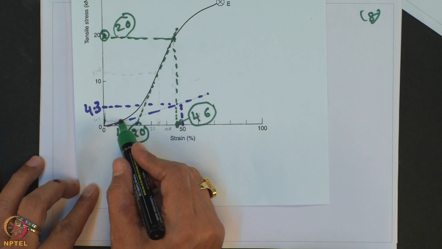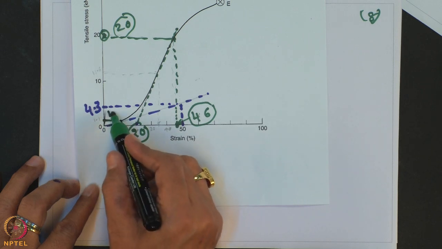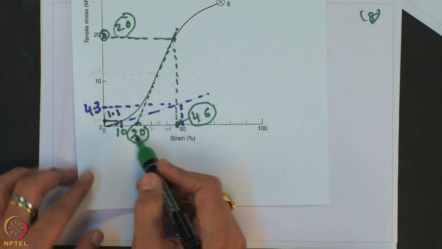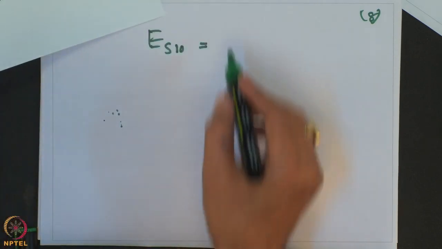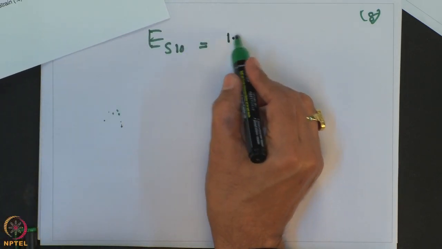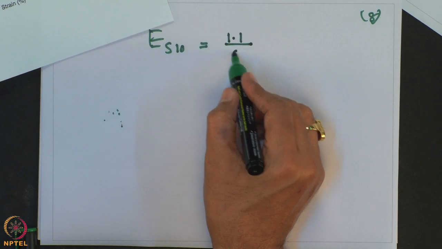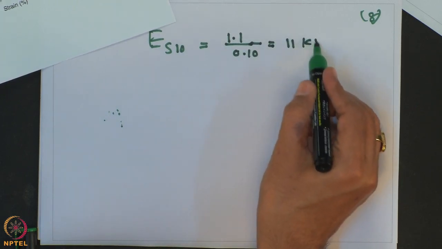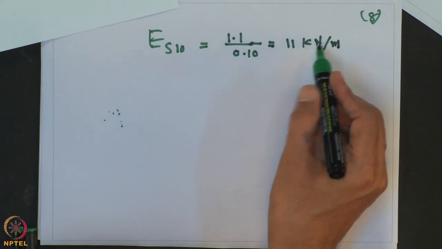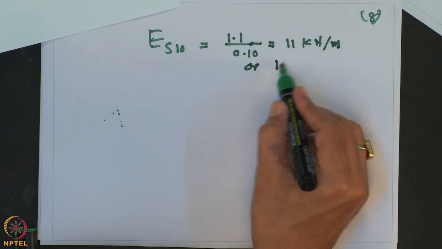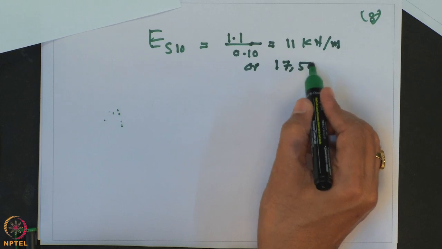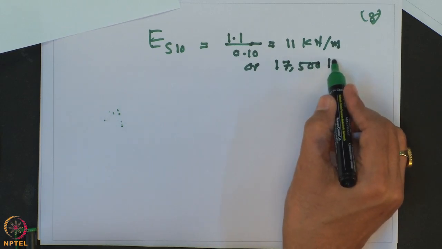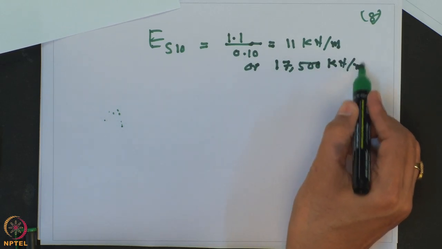So, this is the 10% and the corresponding value, let us say 1.1. So, ES 10 you can write 1.1 divided by 0.10 is equal to 11 kilonewton per meter, or you know the thickness, so you can determine that as 17,500 kilonewton per meter square.